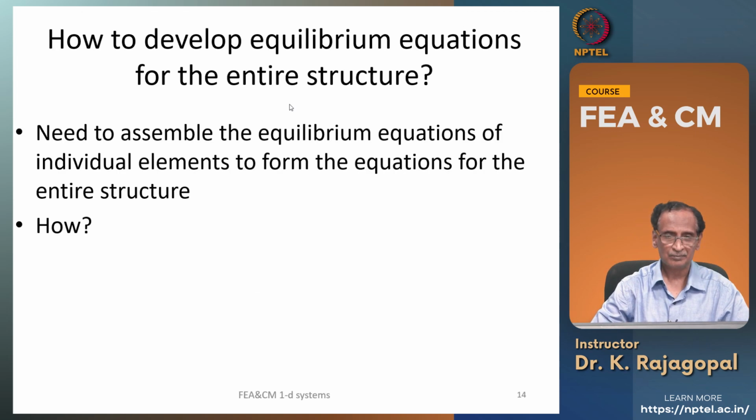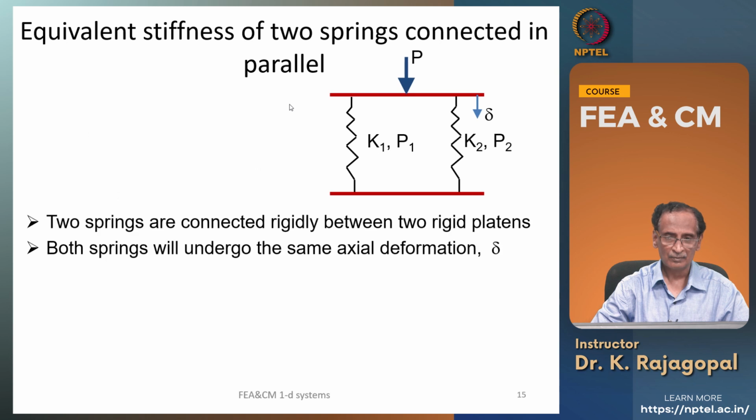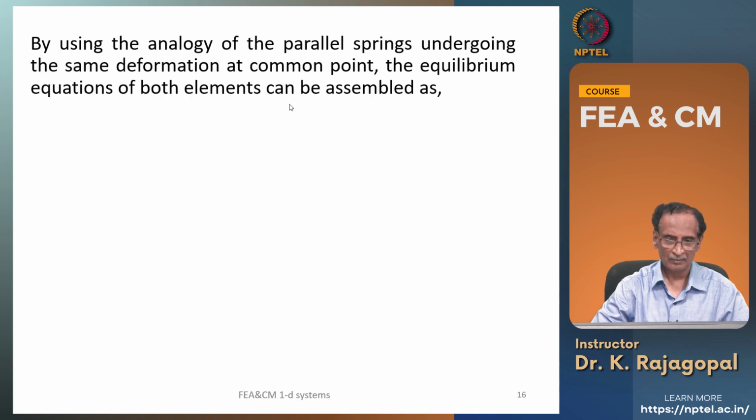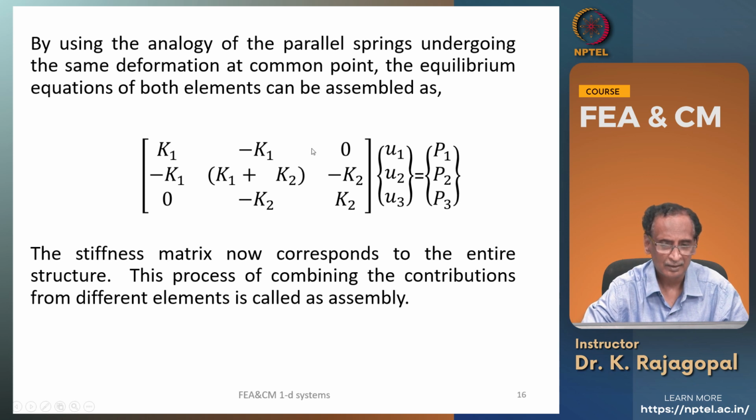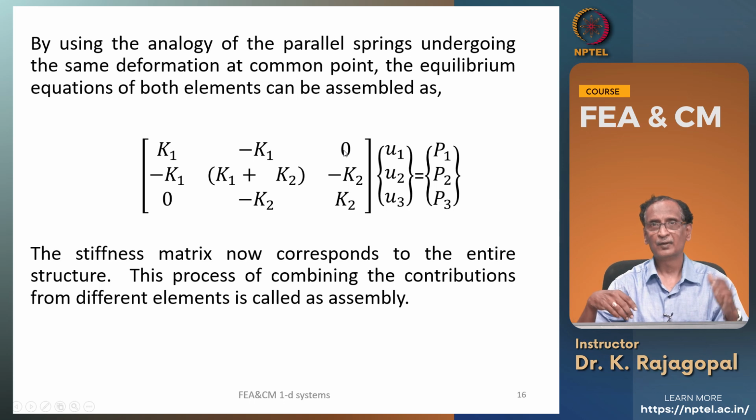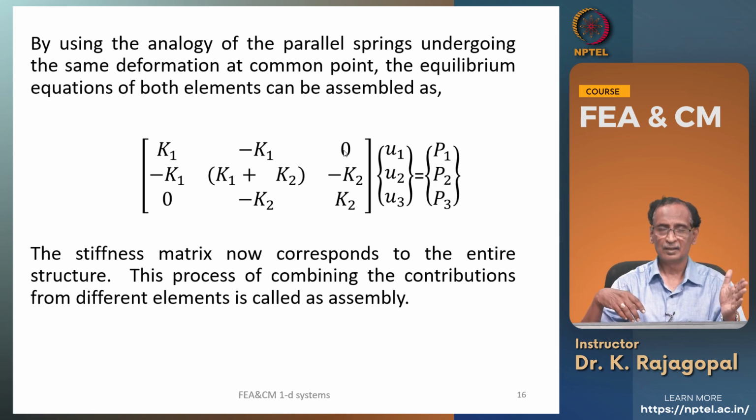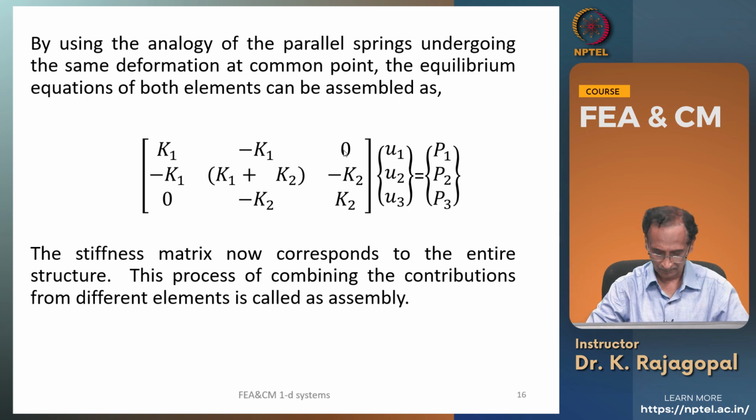So, our stiffness matrix will look like this: K1, minus K1, 0. This 0 just simply means that if we apply anything at degree of freedom 1, the degree of freedom 3 is not affected. Okay?